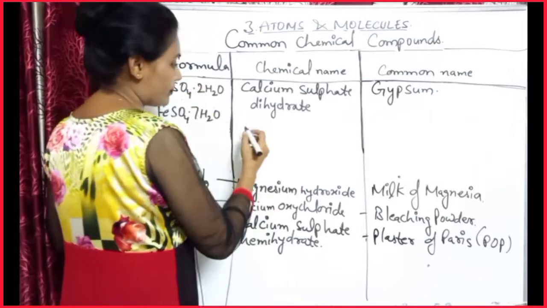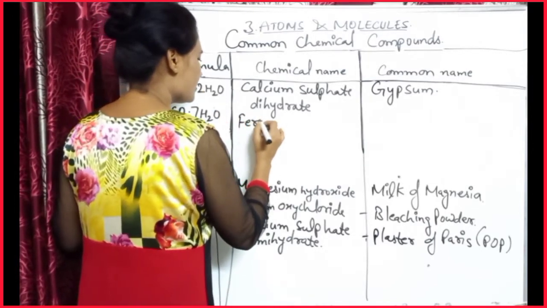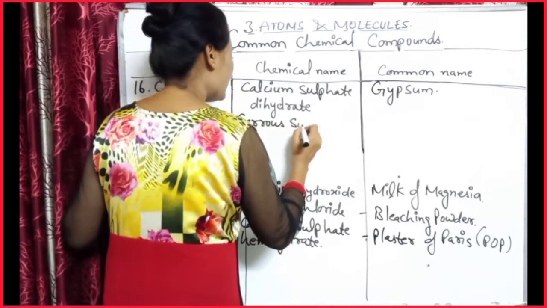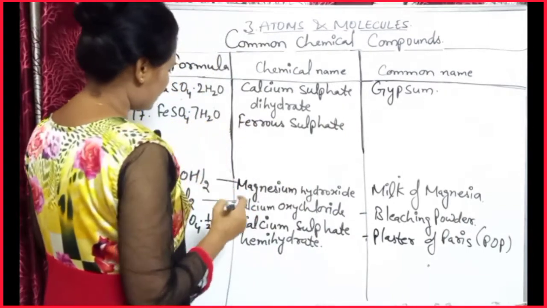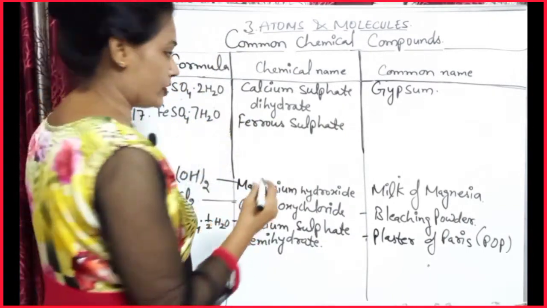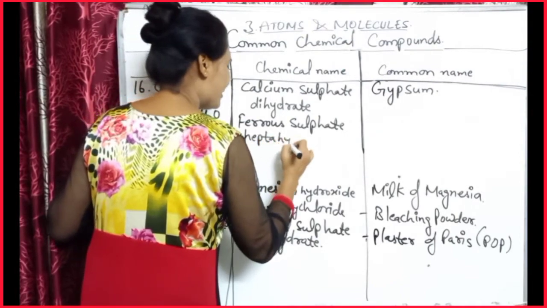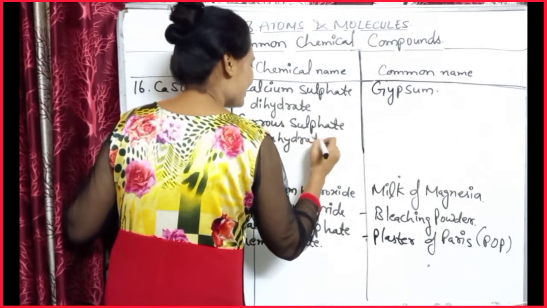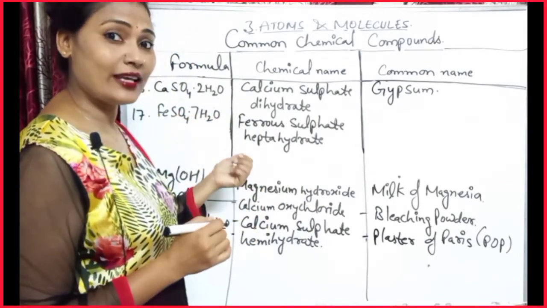So we can write ferrous sulfate heptahydrate. 7 is there, so heptahydrate, or commonly it is known as hydrous iron sulfate.